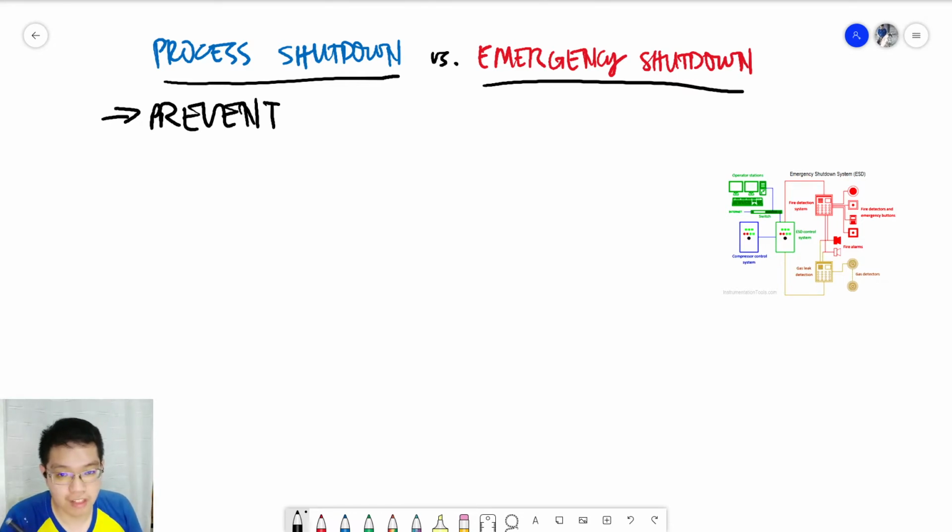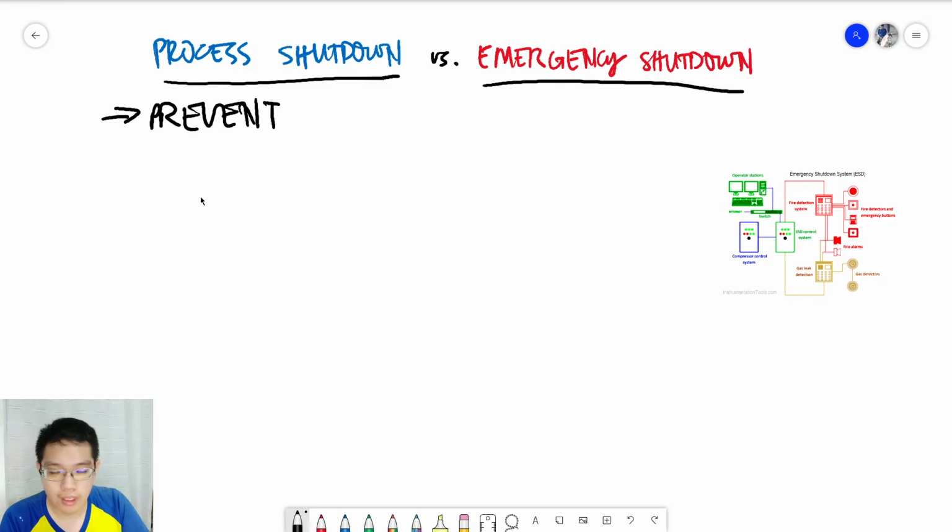The keyword for process shutdown here is to prevent. If you notice that part of the system is starting to malfunction, before that system malfunctions entirely and causes an accident, a process shutdown has to take place in order to turn that system off and to fix that problem.